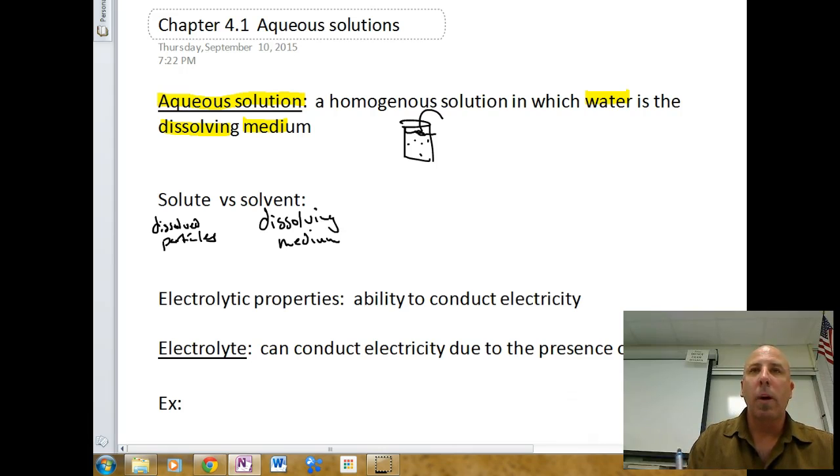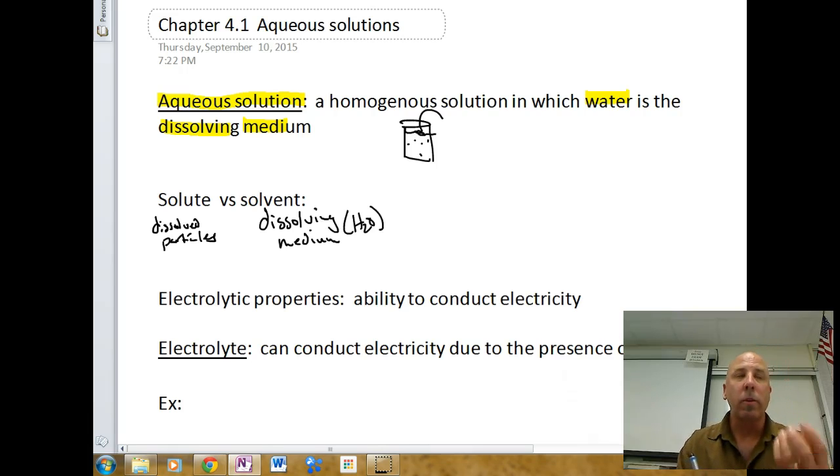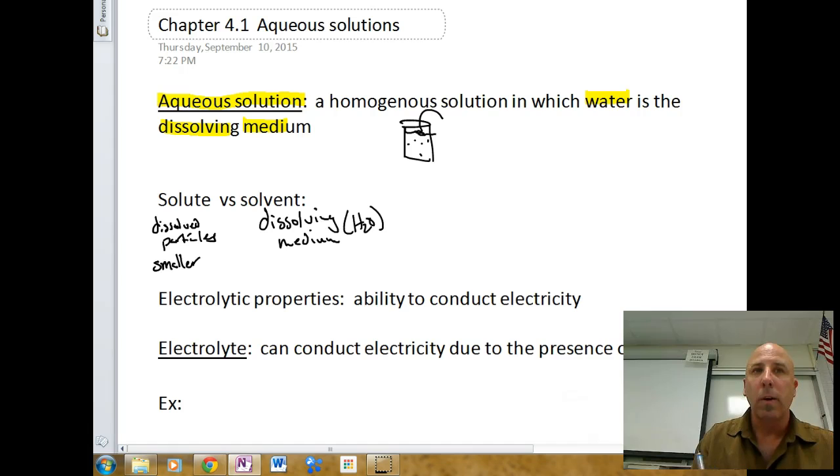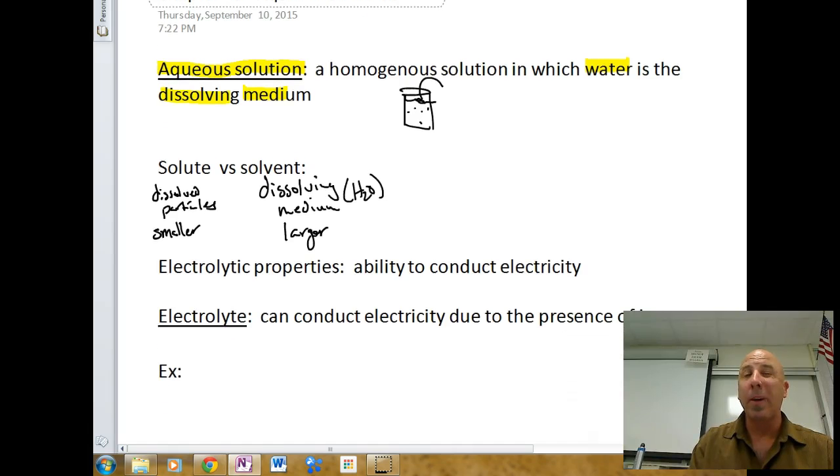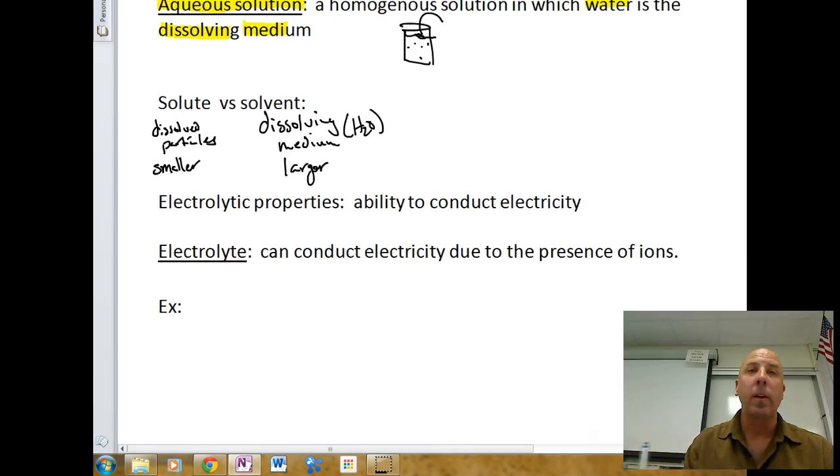So in our example of the Kool-Aid above, the water was our dissolving medium, and the Kool-Aid and the sugar and things like that are the dissolved particles. Typically, the dissolved particles are present in a smaller amount, and the solvent is present in a larger amount, whether it be milliliters or grams. We can have solvents other than water, but right now we're just going to focus on water.